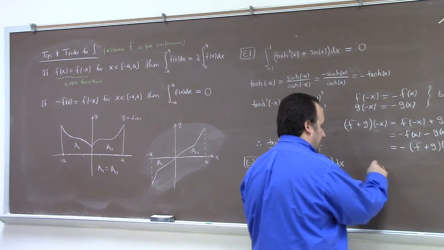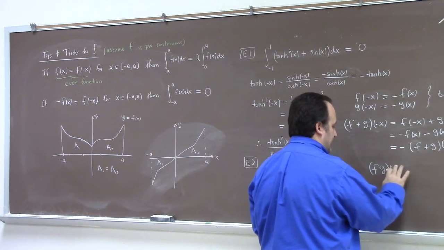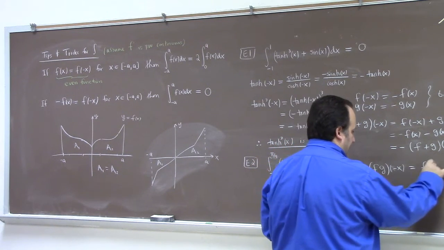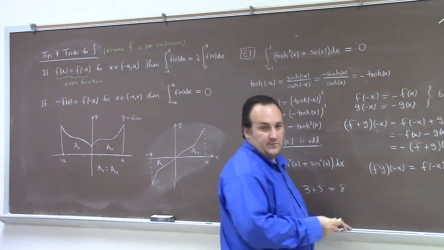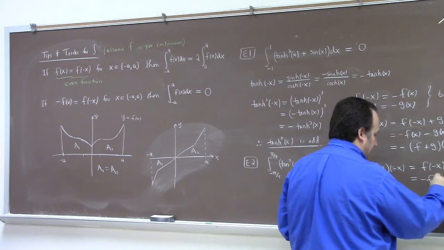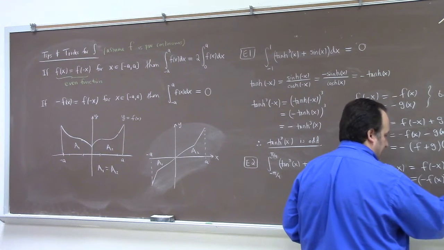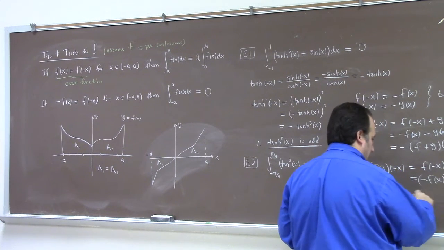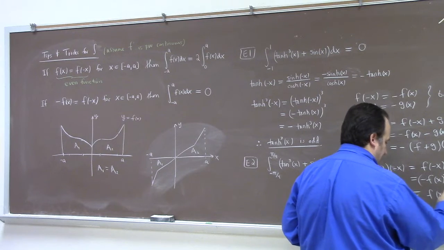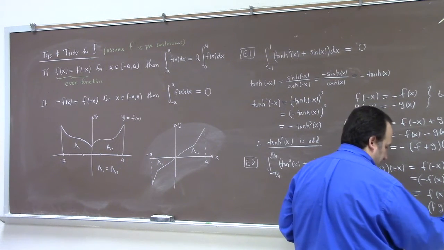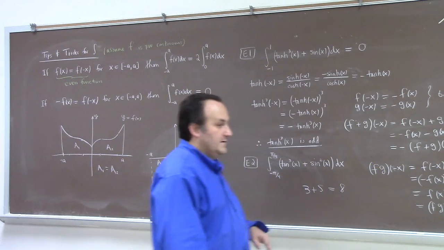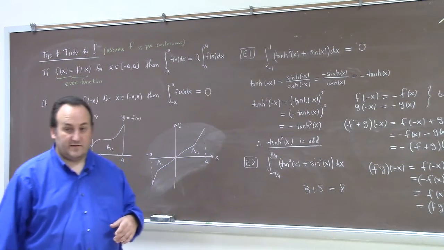So if I do fg of minus x, that's f of minus x, g of minus x, which gives me minus f of x times minus g of x, which is f of x, g of x, which is by definition fg of x. So see, the product of odd functions is an even function, actually.